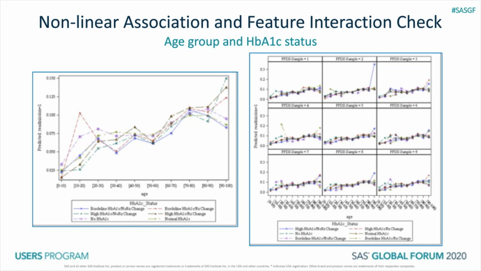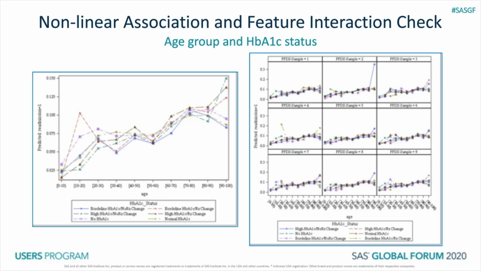The plot shows a quantitative type interaction between blood glucose measurement and age group in relation to probability of 30-day readmission. And we can see that at the replicate sample level, there is evidence that suggests interaction of age group with the blood glucose test variable, even though it's not clear-cut.